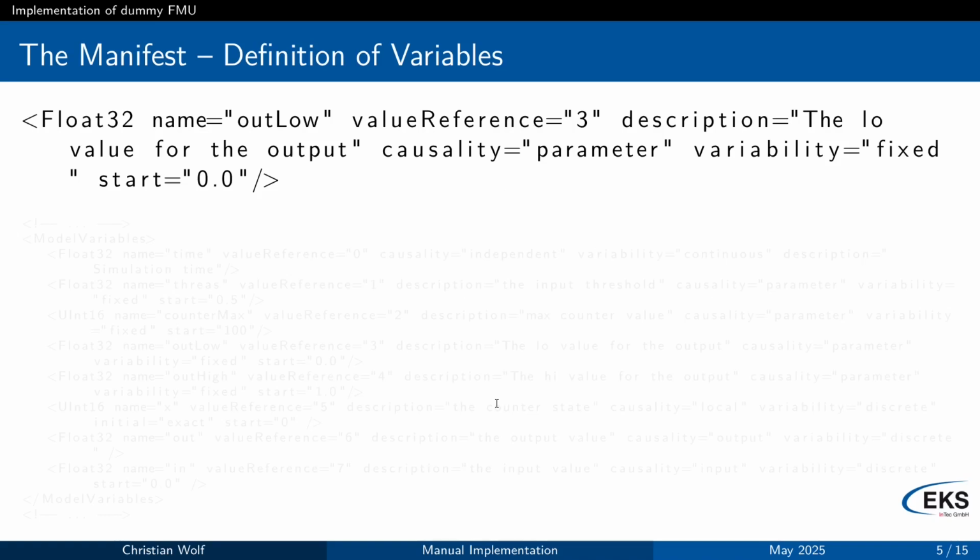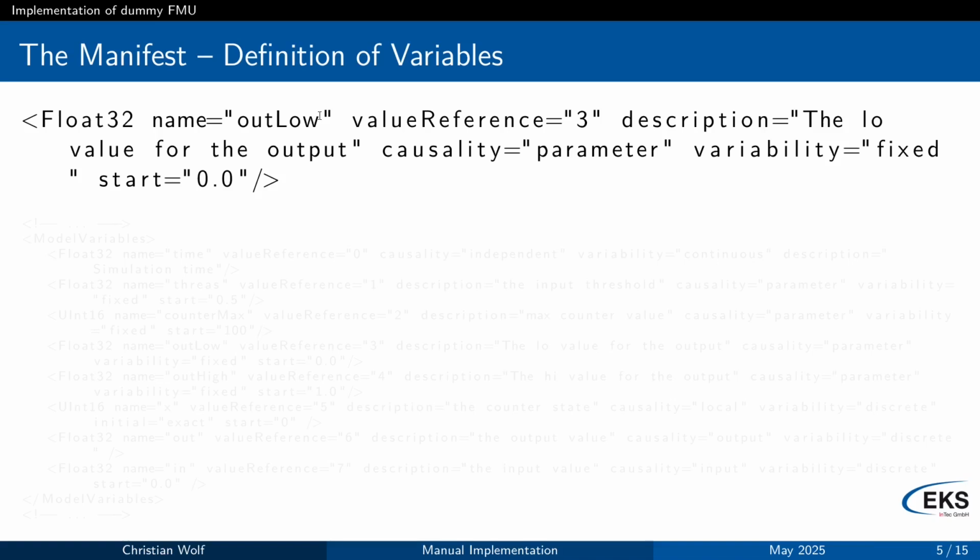And here we have one example value, one variable, which is a float variable. So it's a floating point number. It has a name, out low. This name is just for convenience, so we don't need this inside the implementation.